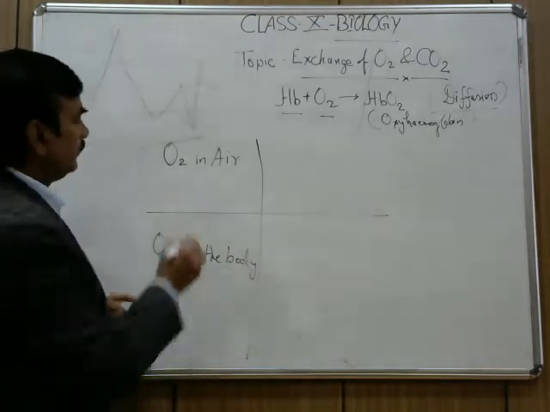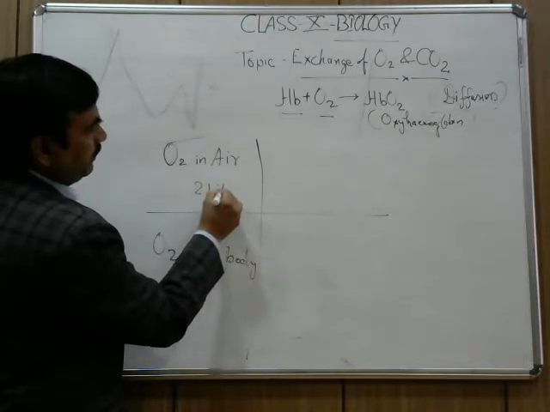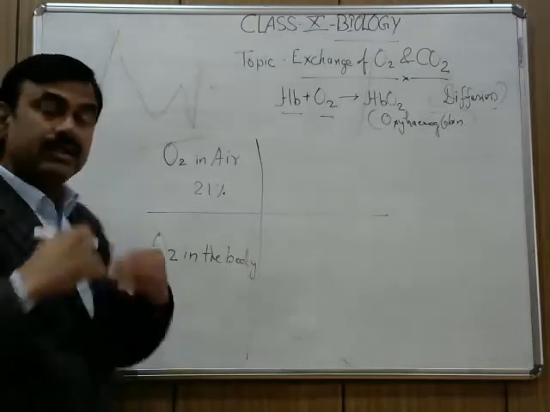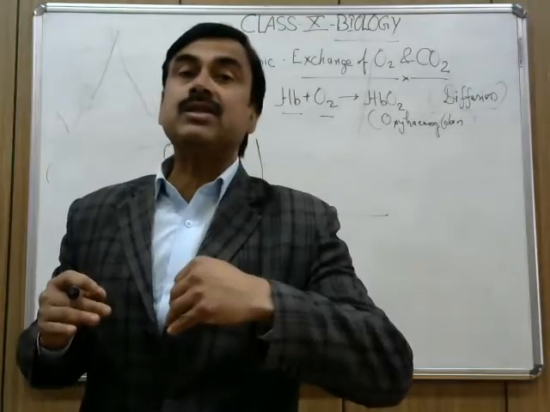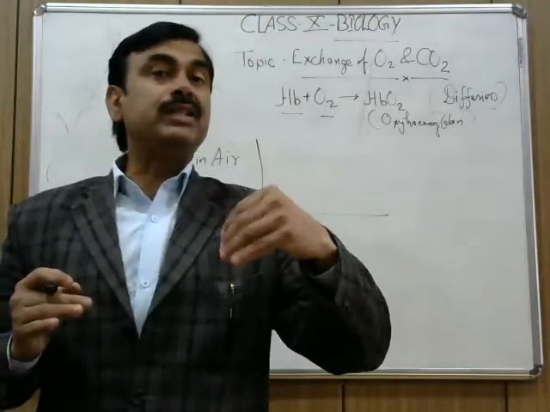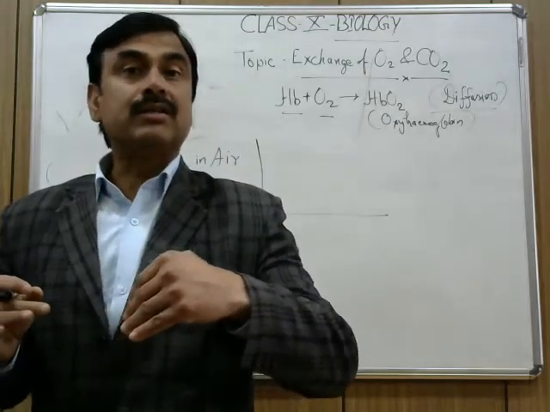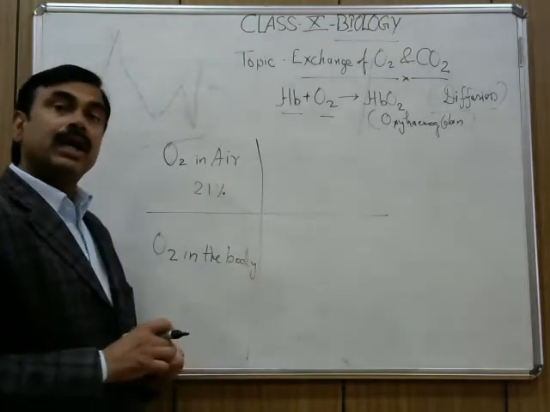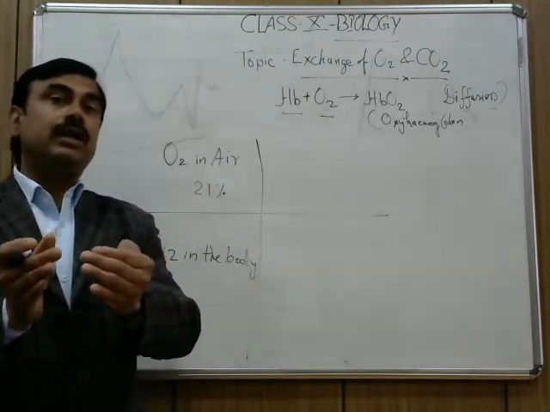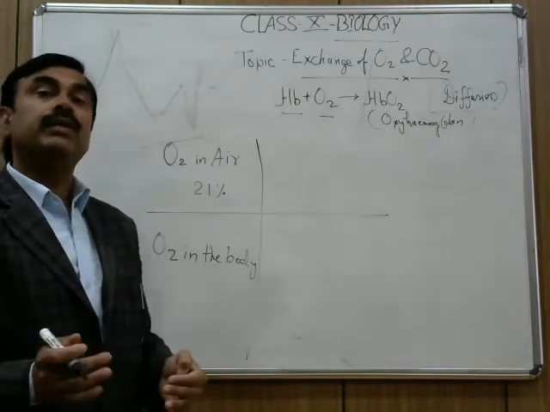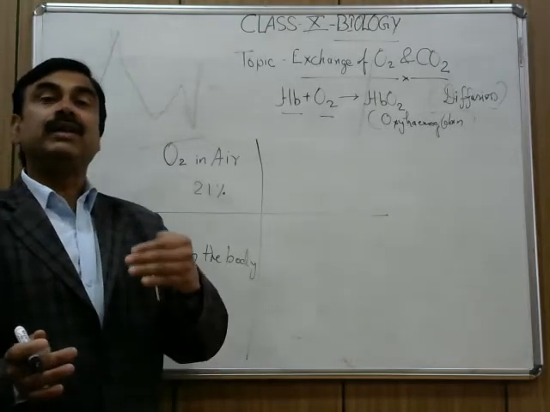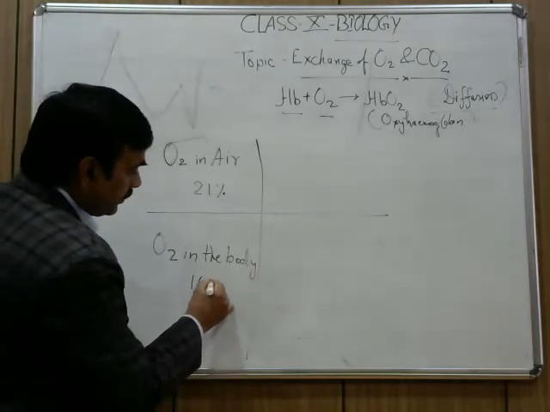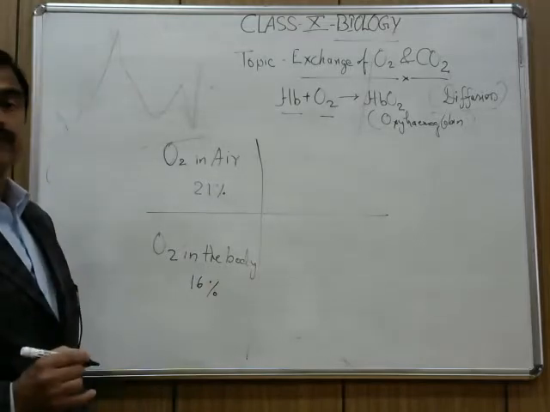O2 in the air is 21%, and you will be surprised to know that when it enters our lungs, when it reaches the RBC, when it reaches the tissues, the percentage will be a little bit less. It will not be 21, it will decrease to 16%.